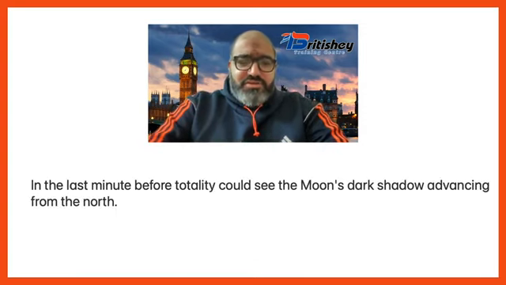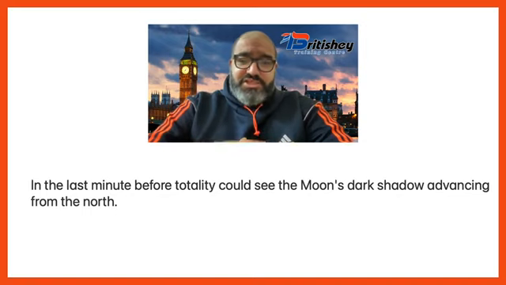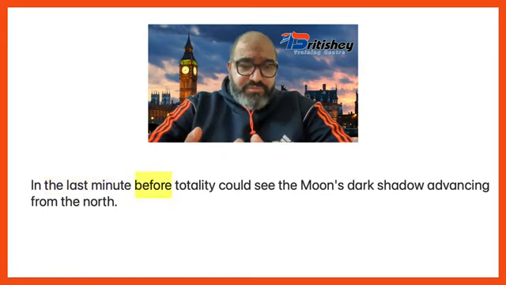Now, another example. Let's read this sentence that we see here on the screen. It says, in the last minute before totality, could see the moon's dark shadow advancing from the north. Now, let's analyze it. In, that's a preposition. The last minute, that's an object of the preposition. Before, that's a preposition.